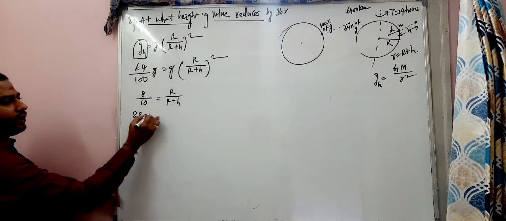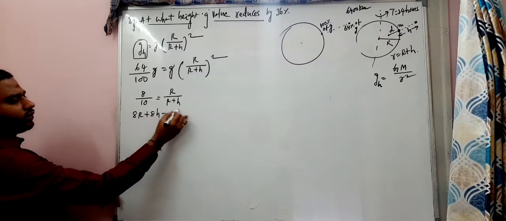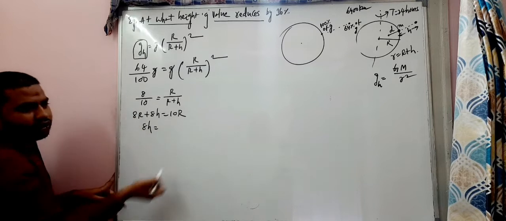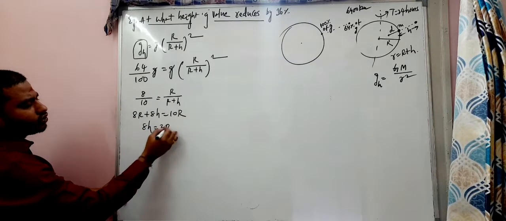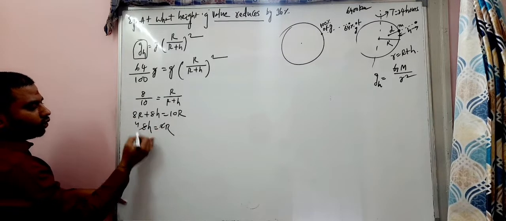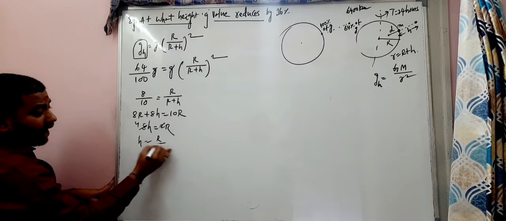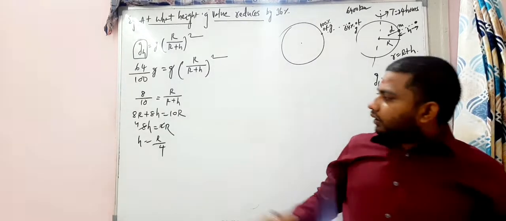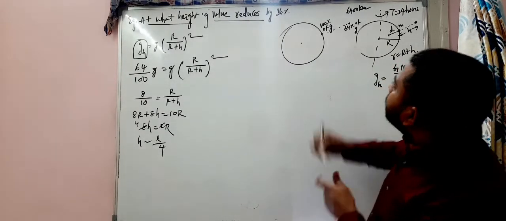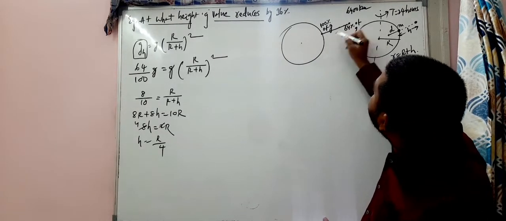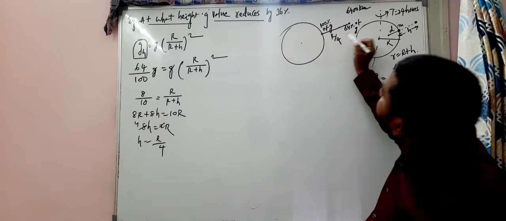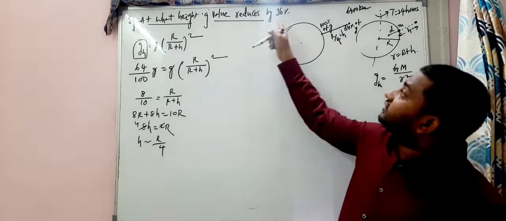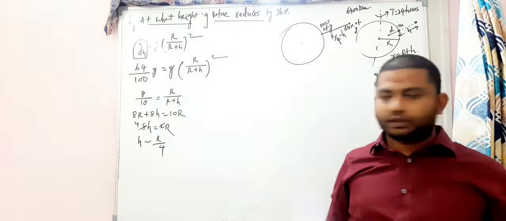So 8r plus 8h is equal to 10r. So 8h is equal to 10r minus 8r, and it's 2r. So I can write 2 4s, so h is equal to r by 4, my dear students. When height taken is equal to r by 4, only then 64% will remain, that is, 36% will reduce.